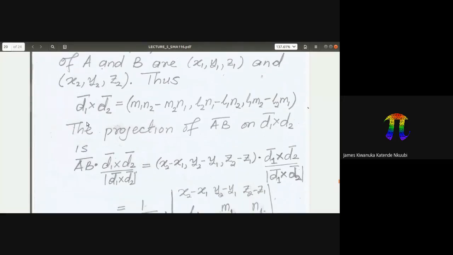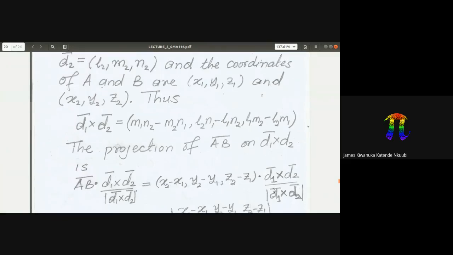And that will simply be the dot product of this vector AB and the unit vector in the direction of D1 cross D2. If you get the dot product of that and AB, you will get the distance you're looking for. So that is worked out here.